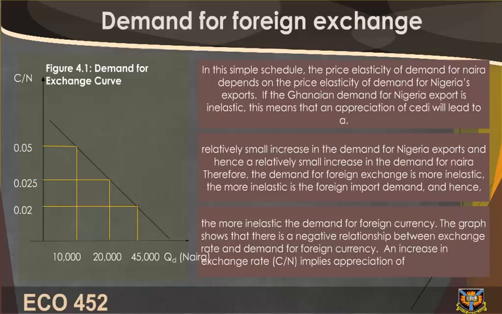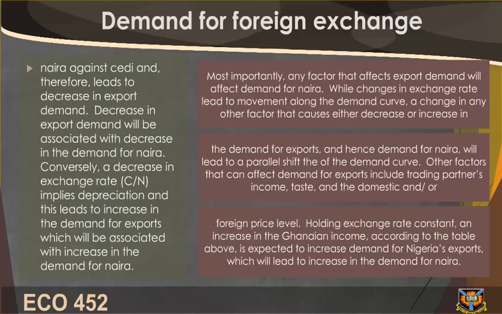The more inelastic is the foreign import demand, the more inelastic the demand for foreign currency. The graph shows that there is a negative relationship between exchange rate and demand for foreign currency. An increase in exchange rate cedi to Naira implies appreciation of Naira against cedi, and therefore leads to decrease in export demand. Decrease in export demand will be associated with decrease in the demand for Naira.